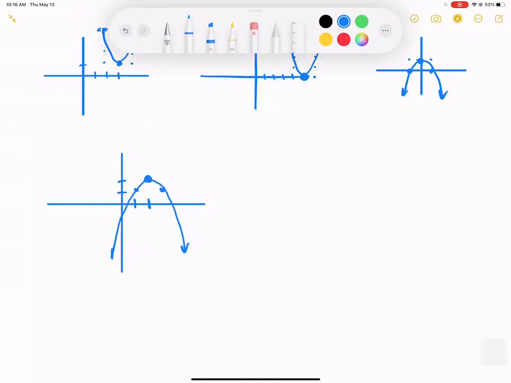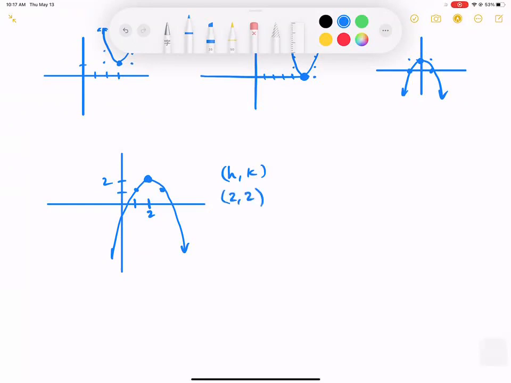Can you tell me what your h and k value is right now for this graph? What is the vertex of this graph? The x value is 2, and the y value is 2. Are you guys okay? That's 2, 2? Thank you, 2, 2, perfect.